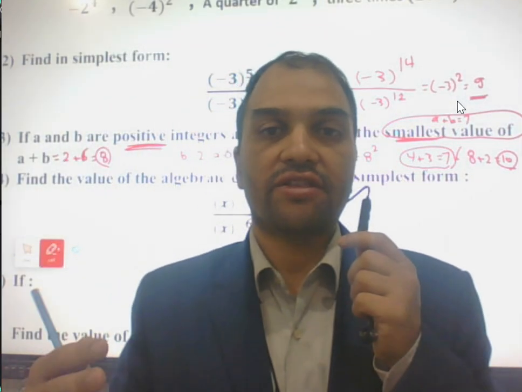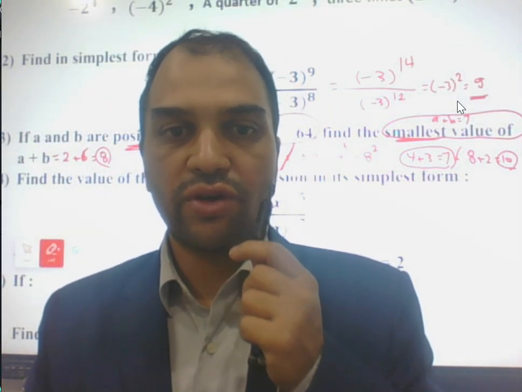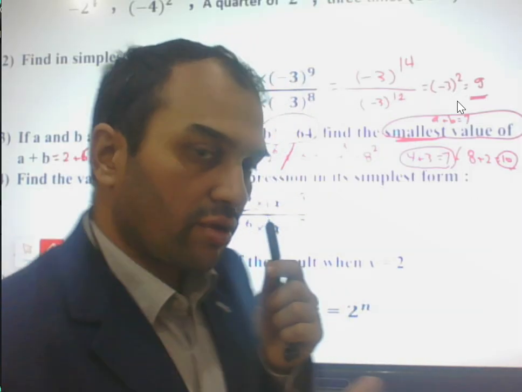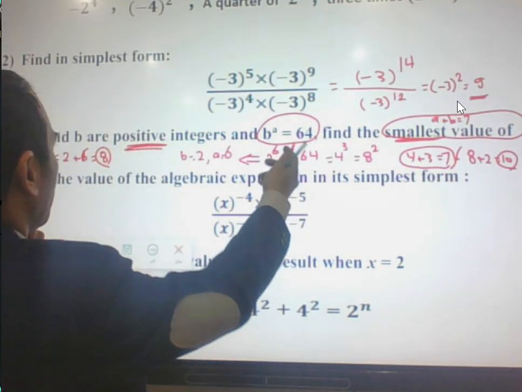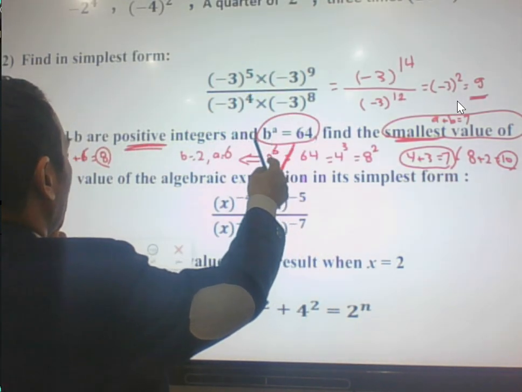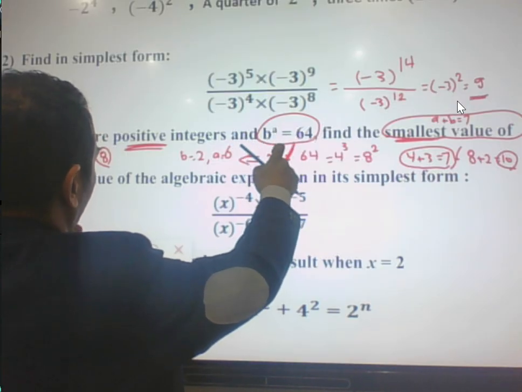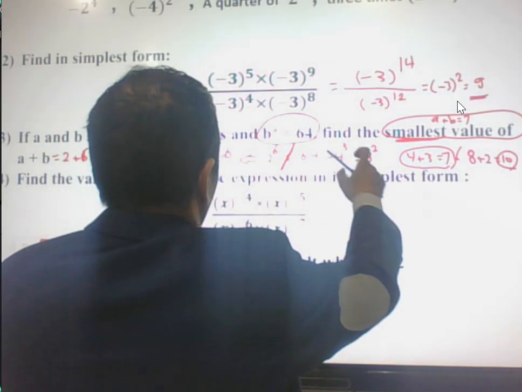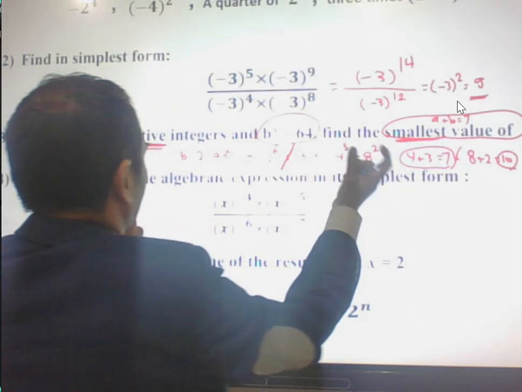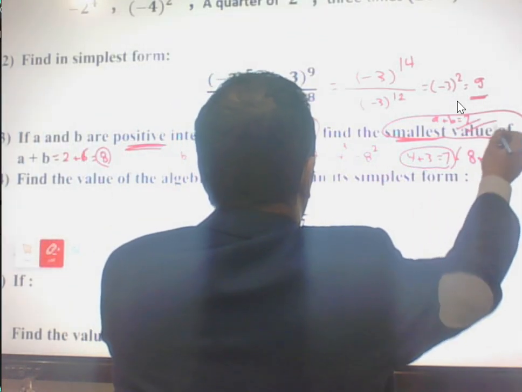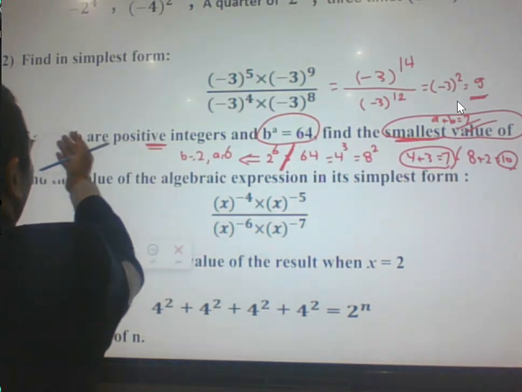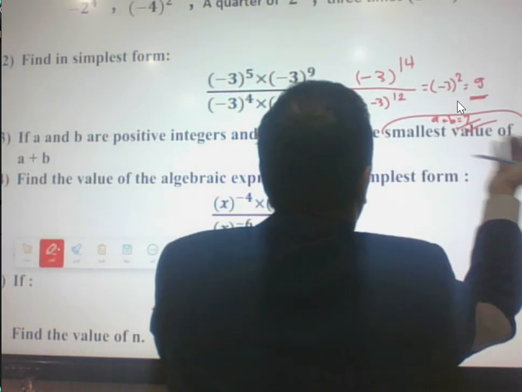And the third condition, 8 times itself. 8 times 8 equals 64. If we add a plus b, because he gave me here b power a, the base and the exponent, we can add them together. 2 plus 6 equals 8, and here 4 plus 3 equals 7, 8 plus 2 equals 10. Then the smallest value will be 7. Then the answer here will be 7, okay? The smallest value is 7.